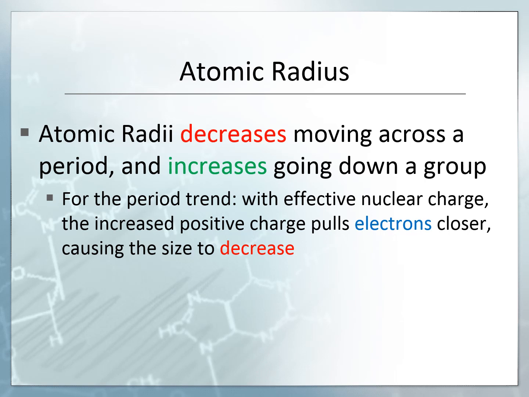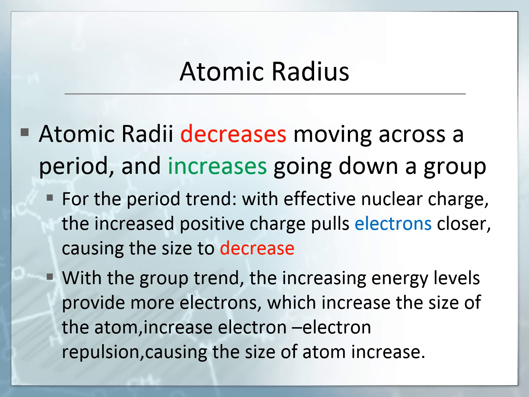In order to explain, for across a period, remember that when we discuss the period, we need to discuss effective nuclear charge. Across a period, with effective nuclear charge increasing, there is more positive charge that pulls electrons closer, causing the size to decrease.